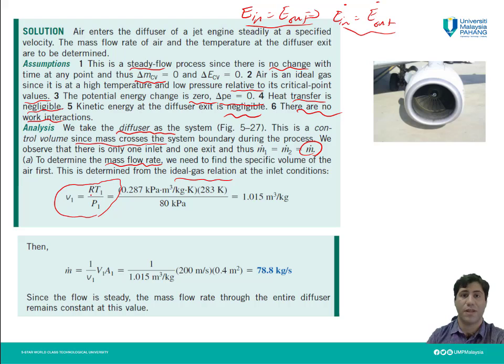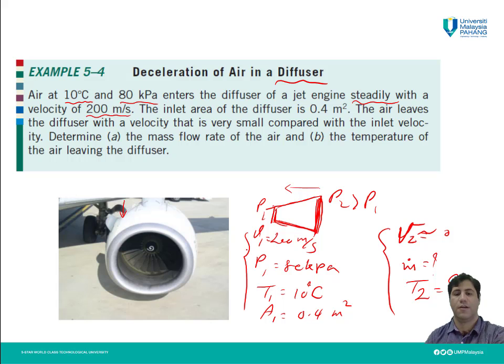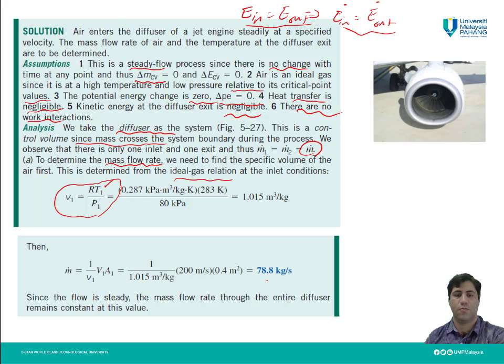From the table for ideal gases, you can find the ideal gas constant for air, which is 0.287 kilopascal meter cubed per kilogram Kelvin, and T1, the initial temperature, which was mentioned 10 degrees Celsius, we need to convert to Kelvin. 10 plus 273 will be equal to 283 Kelvin, divided by P1, which was mentioned 80 kilopascal.